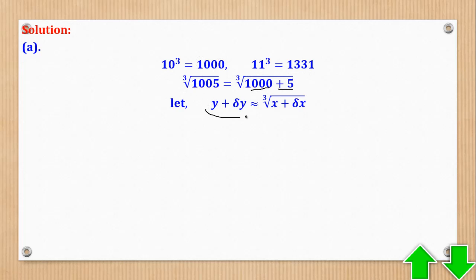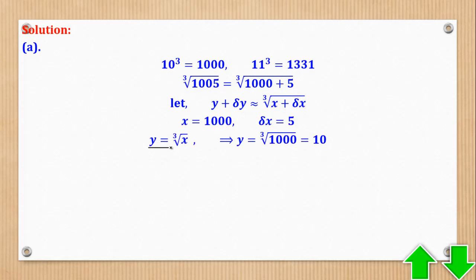Therefore, y plus small change in y approximates to cube root of x plus small change in x. And by comparison, it means x is 1000 and small change in x is 5. That means that y is cube root of x, which is 10 when you substitute for x.